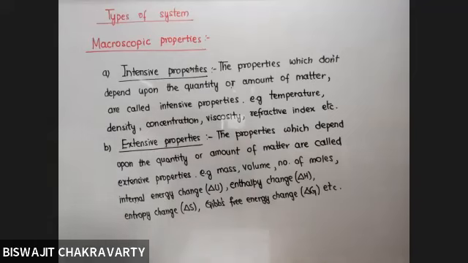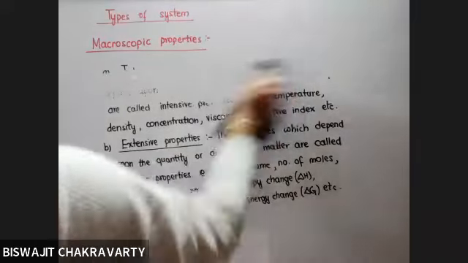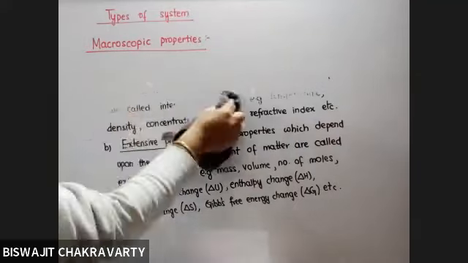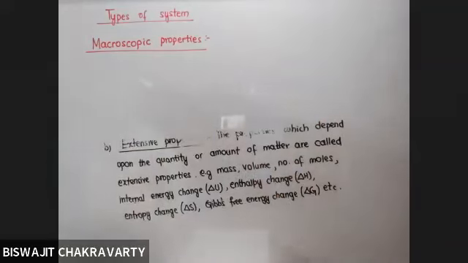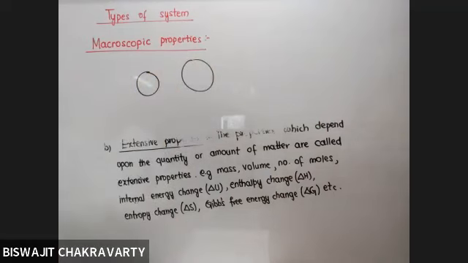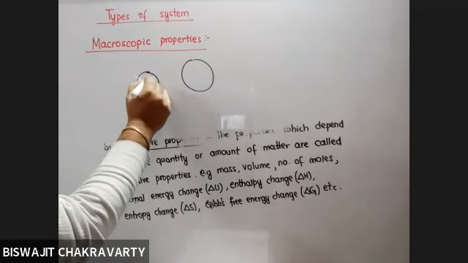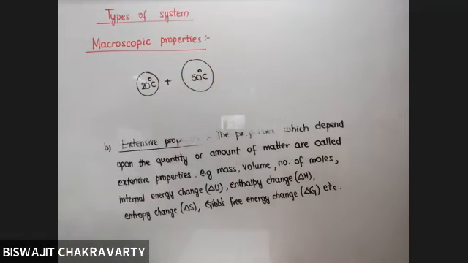Now, what's the meaning of the term additive in nature? Let me give you an example. Suppose you are asked what kind of property temperature is. I'll imagine there are two bodies, one at 20 degrees Celsius and the other at 50 degrees Celsius. I mix them up.